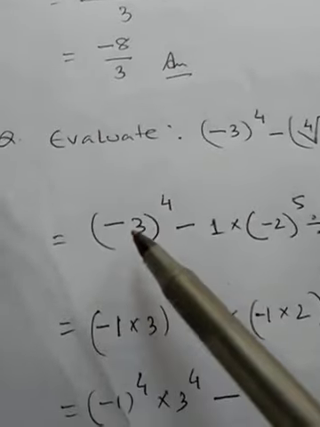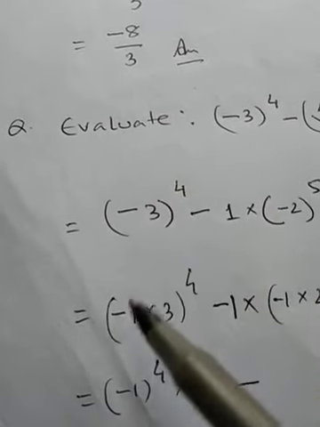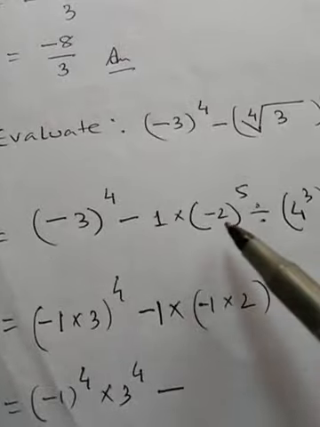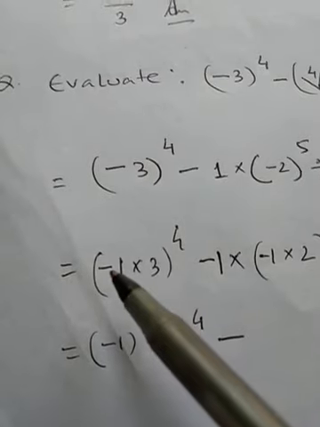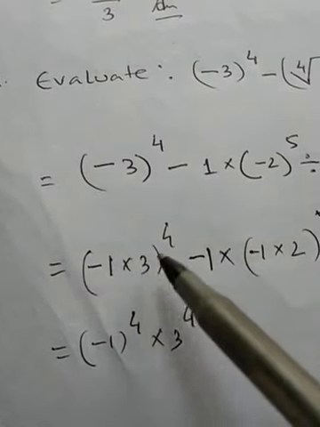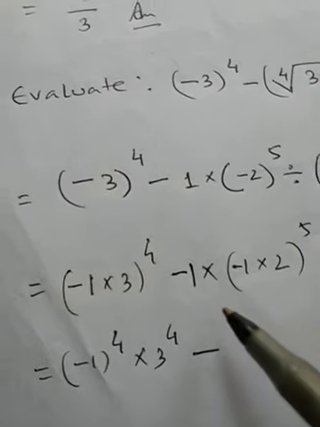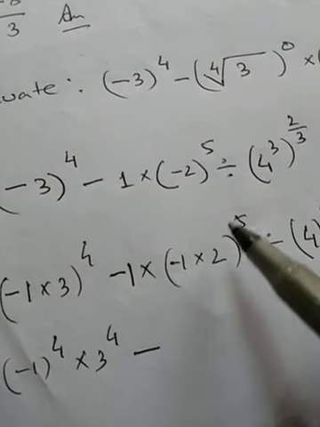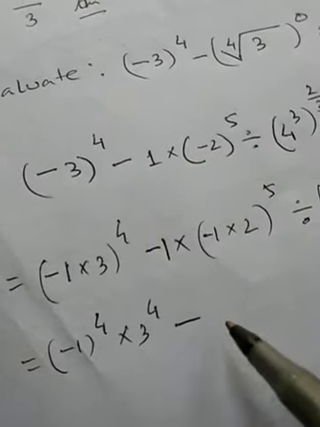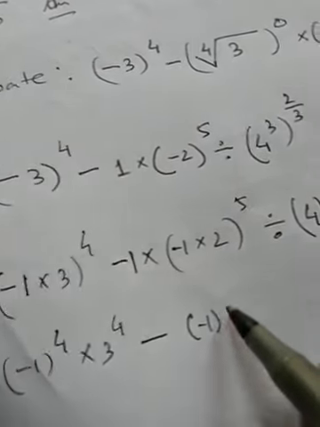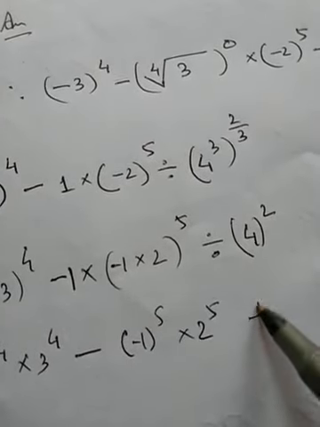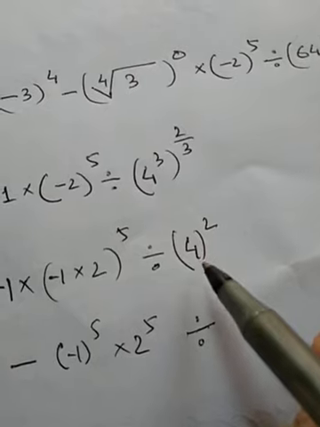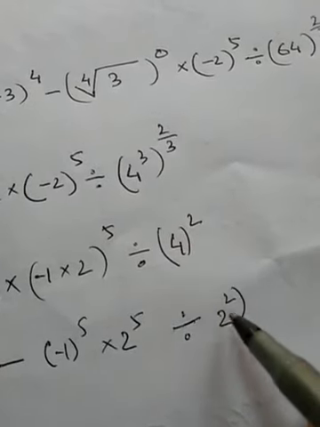Here in this next step, minus 3 we have written as minus 1 into 3, and minus 2 also we have written as minus 1 into 2, so that you can segregate this minus 1 to the power 4 into 3 to the power 4, and here also minus 1 to the power 5 and 2 to the power 5. So minus 1 to the power 5 into 2 to the power 5 divided by this, again we can write in exponential form because 4 means 2 square whole to the power 2.